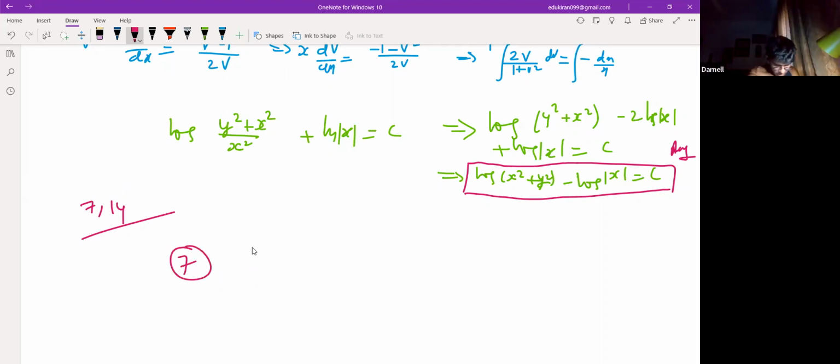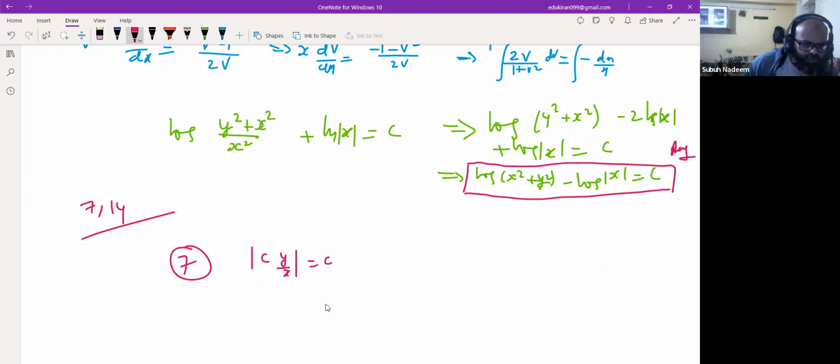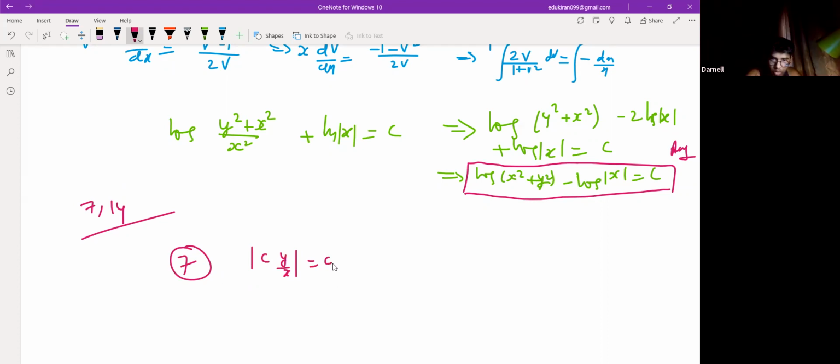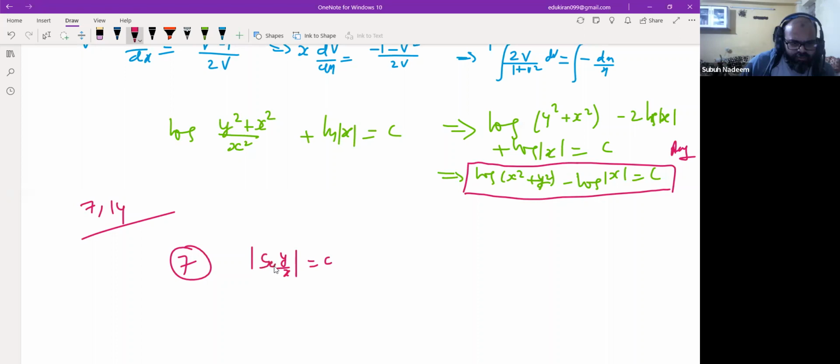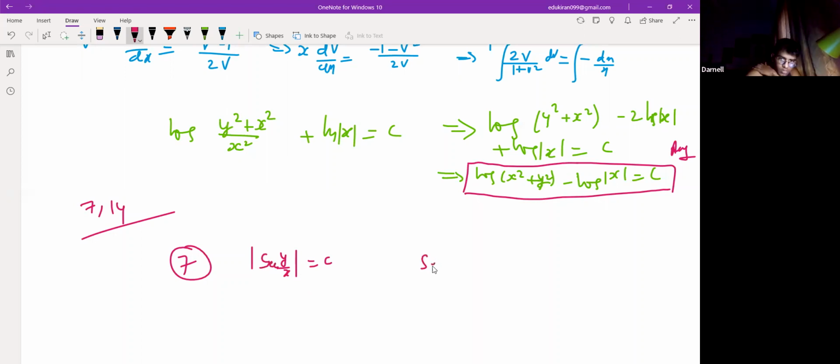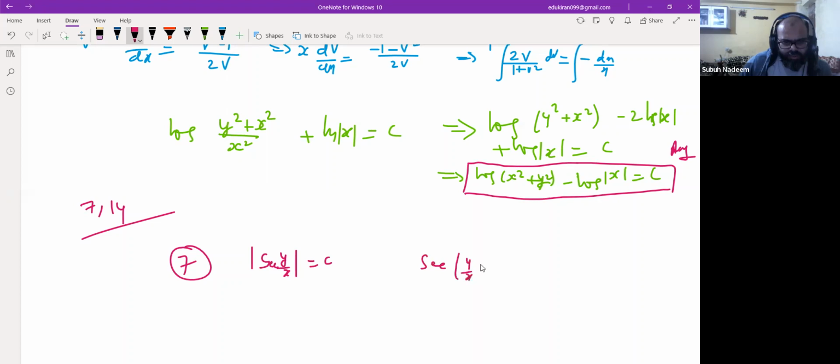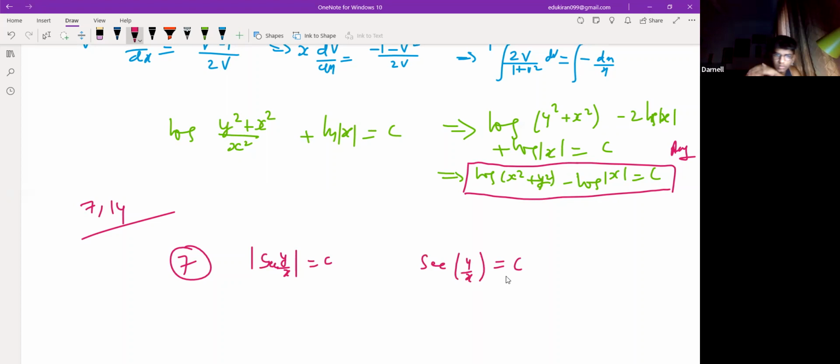So mod sec (y by x) is equal to c. This one, sec y by x is equal to c. Yes. Okay.